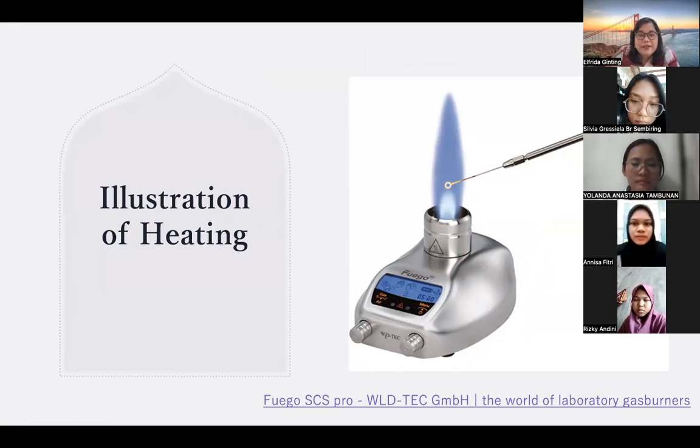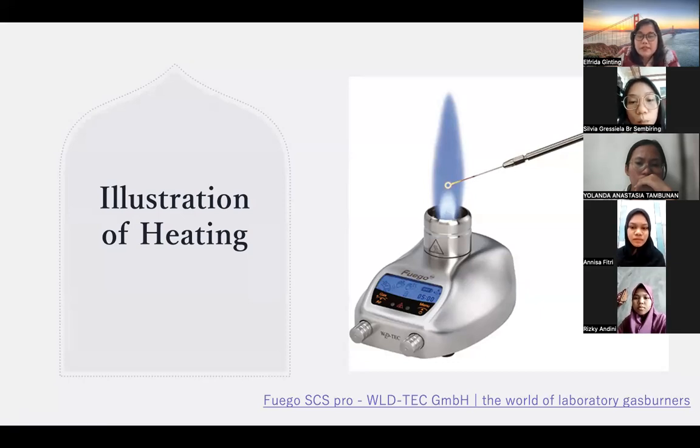I don't think we have it in our lab, but this is the fancy style. Okay, and actually you put your sample in this hole, right? After you put it in the hole, you approach the sample into the Bunsen flame and let it burn, let it heat, right?